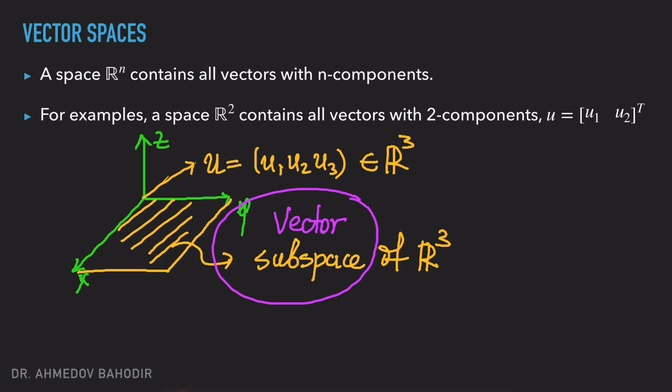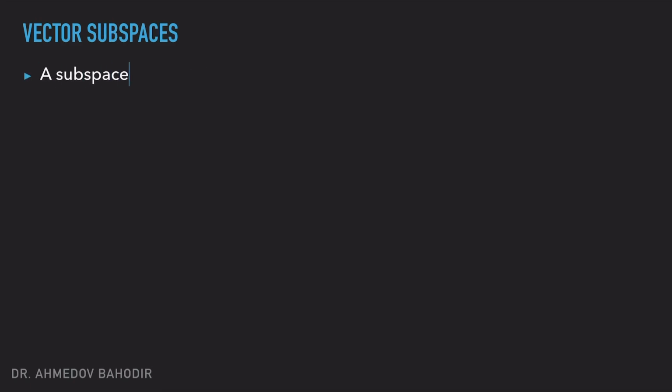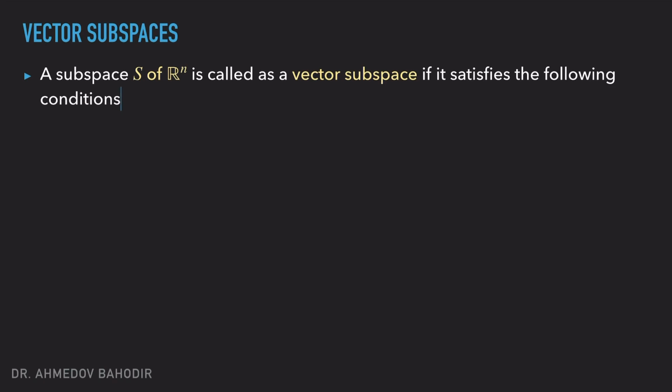It is a very important question when working with vector subspaces in linear algebra, and in order to work with them, we need to understand what they are. So let's give a definition. A subspace S is called a vector subspace of Rn if it fulfills the following conditions for any two vectors u and v.